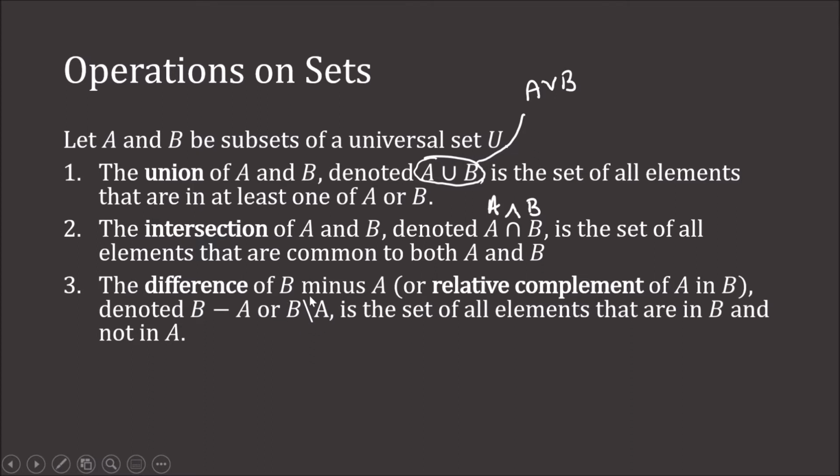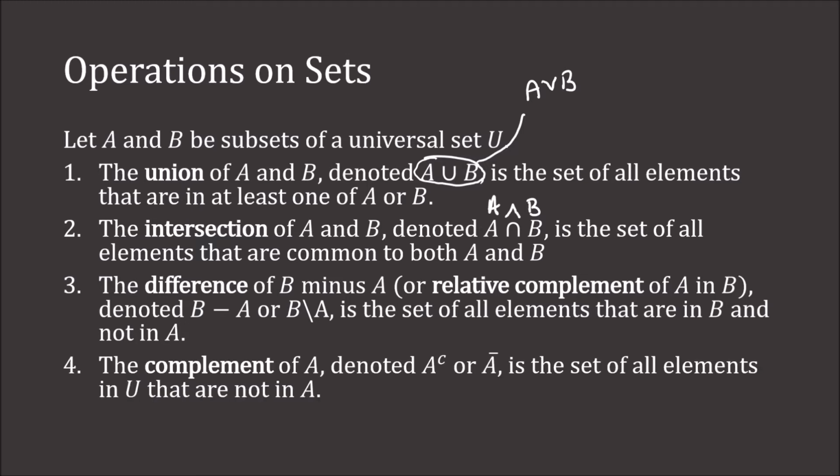And it is the set of all elements that are in B but not in A. And then we have what's known as the complement of A, which is denoted as A to the c, or A bar. But again, in set theory, it's more common to use A bar. And this is just the set of all elements that are in U, your universal set, but not in A.